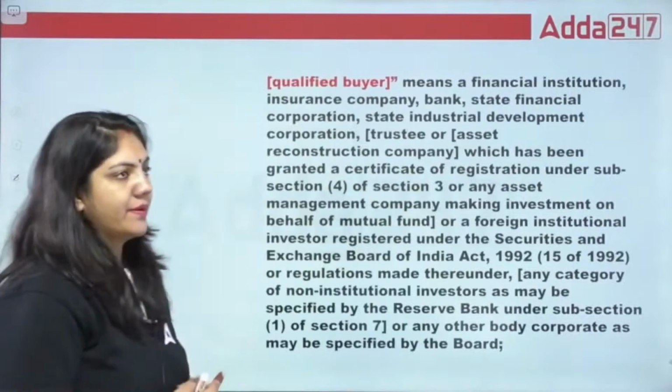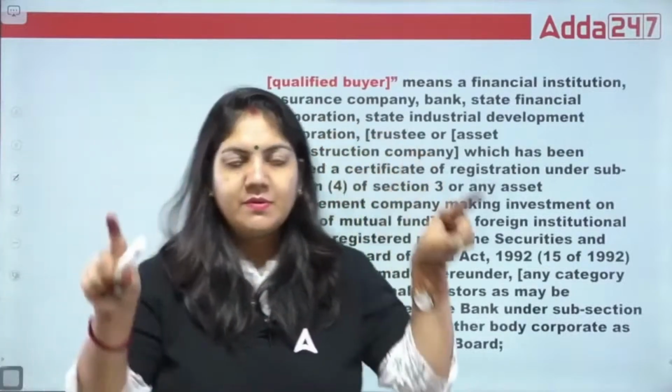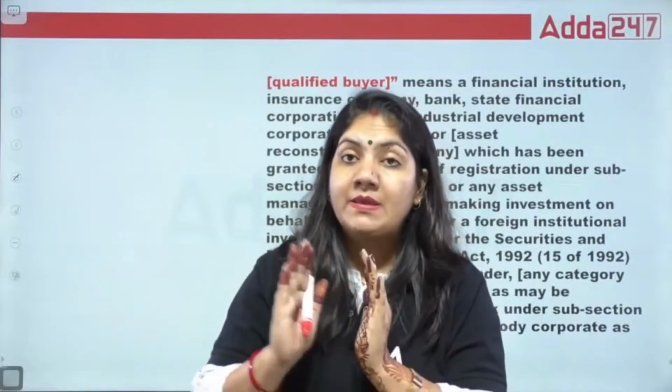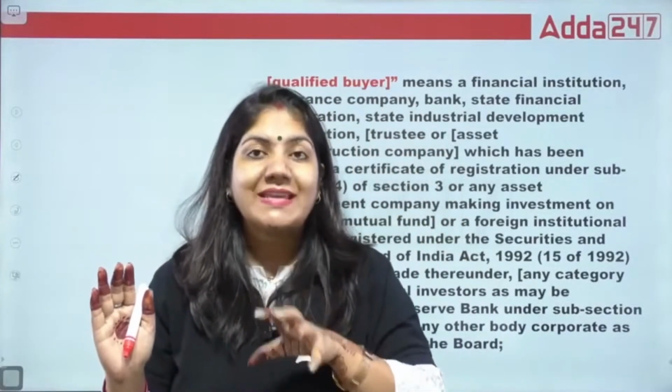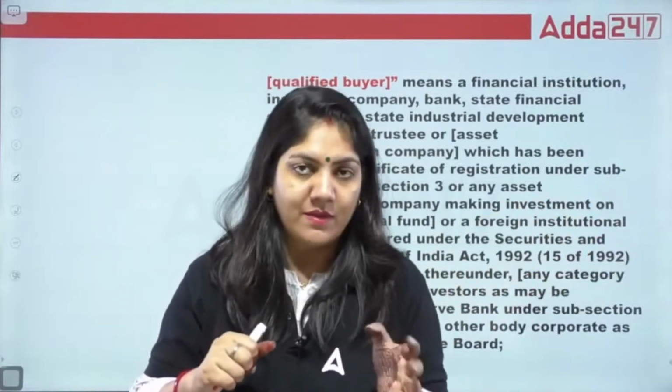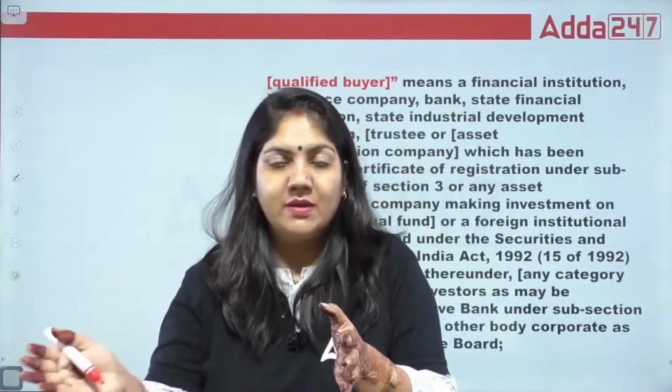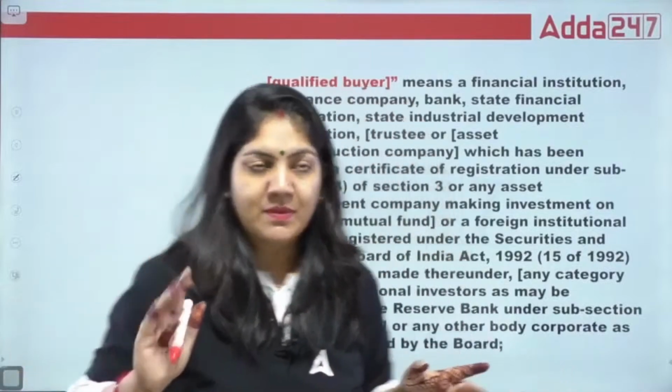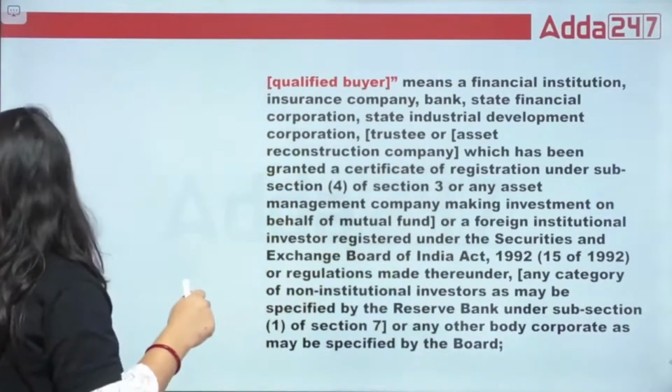What is a qualified buyer? Just remember the diagram that we have just seen in SARFAESI. A qualified buyer is the last person who takes the secured property from the ARC company, and for that property the qualified buyer will give the money. What comes under qualified buyer?